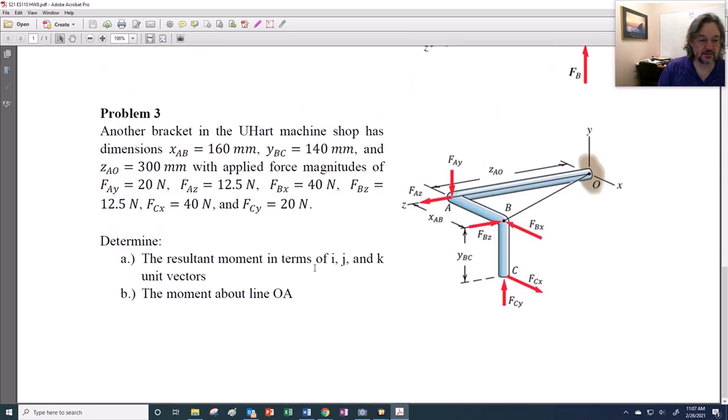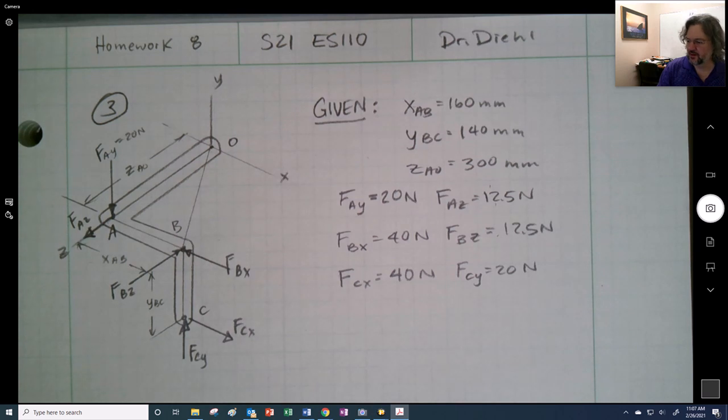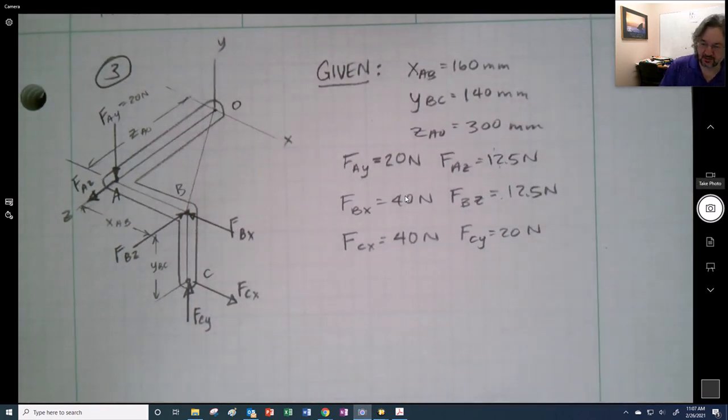And you can see that now I've changed it to the resultant moment is what we want. I didn't write what my find was. Let me write that down.